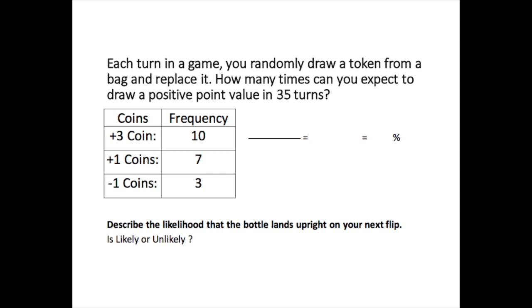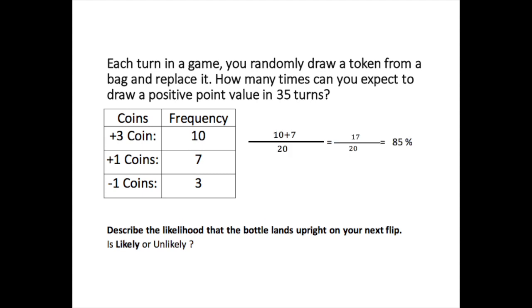If you look at our problem carefully, it says how many times can you expect to draw a positive coin value in 35 turns? But 2 of our coin values are positive. So that means we're going to add together our frequencies of those 2 coins. So when we add together the frequencies of a +3 coin and a +1 coin, we get an answer of 17.